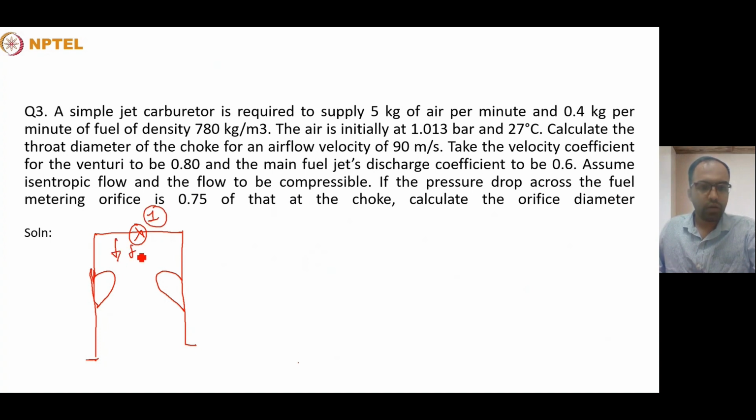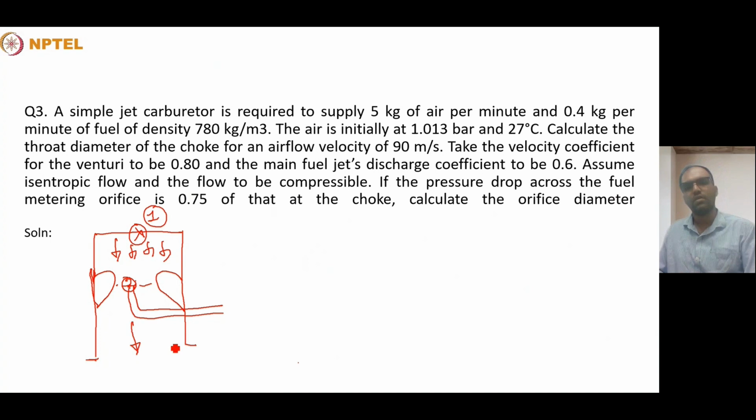This is the inlet point, ambient condition. Air comes in, and this is the choke point of least area for travel. And then at this particular point, the fuel is being delivered from the fuel tank, and the fuel air mixture combined will be coming out of the carburetor.